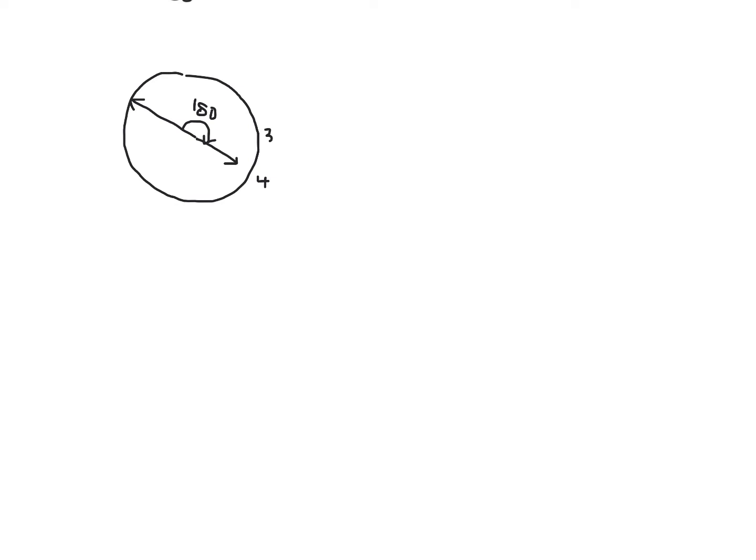I think I have a strategy here. First, let's draw this straight line across that goes from 9 to 3. This angle in here I will call x, and this angle in here will also be x by the opposite angle rule, that opposite angles of two straight lines are the same. So x is the degree of that angle.